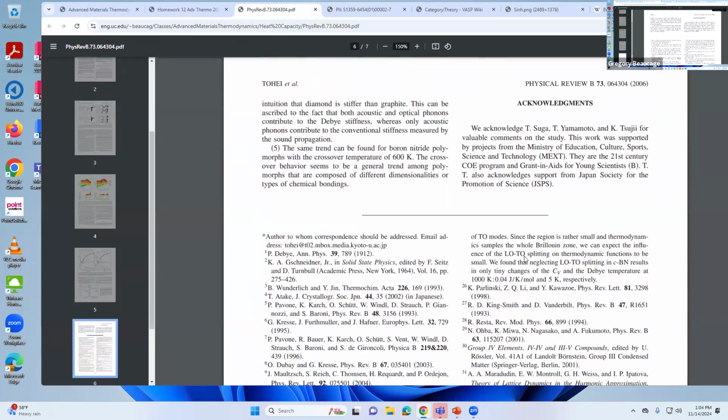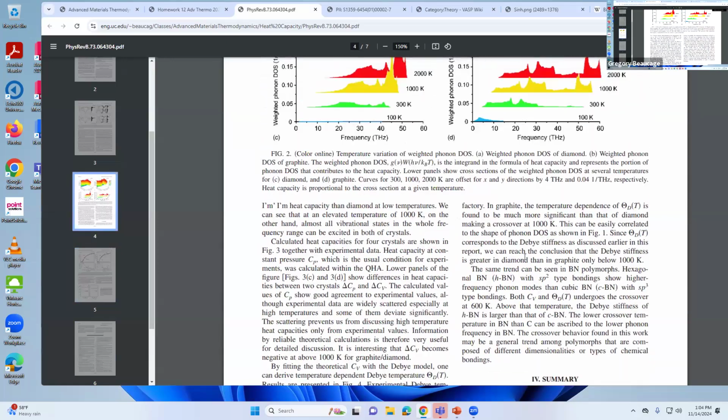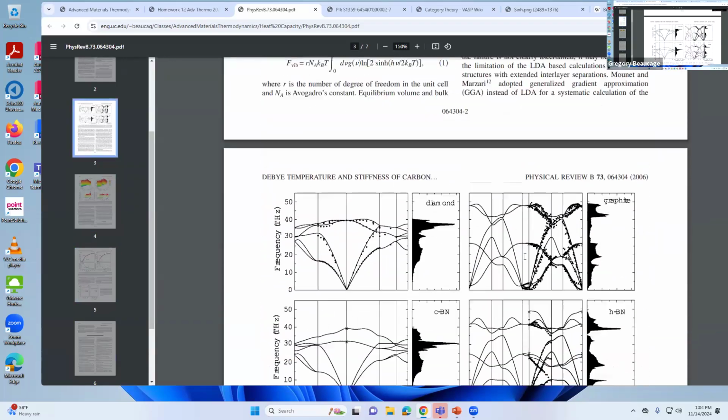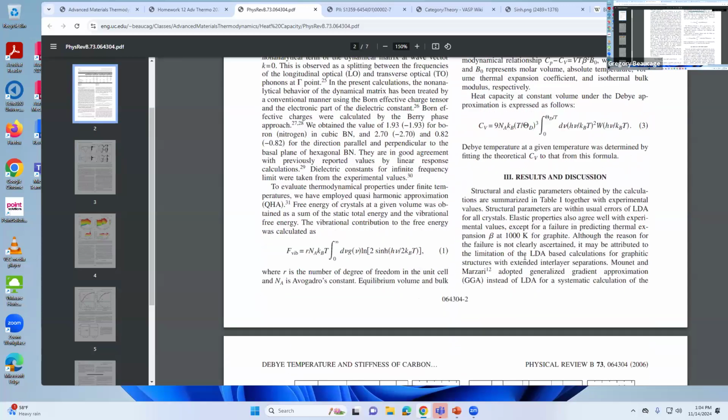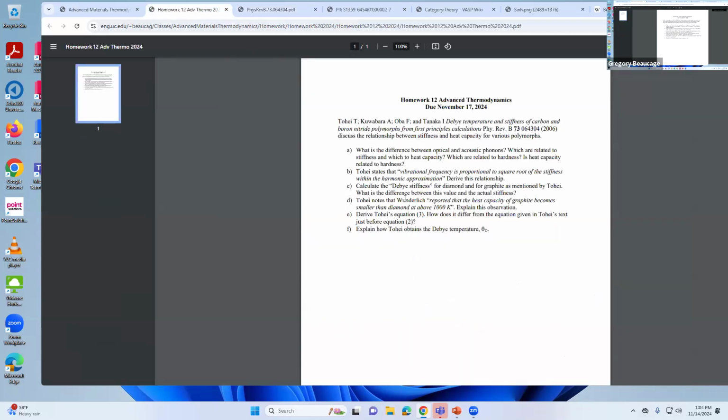He gives the Debye temperatures somewhere here; there was a table of them. The homework asks: calculate the Debye stiffness for diamond and graphite as mentioned by Tohei. Oh, it's another paper. So he cites Tohei to say how he got the modulus.